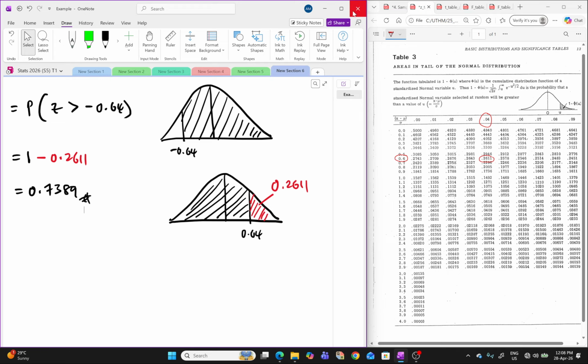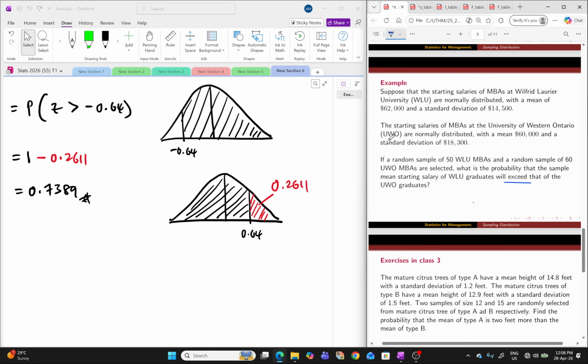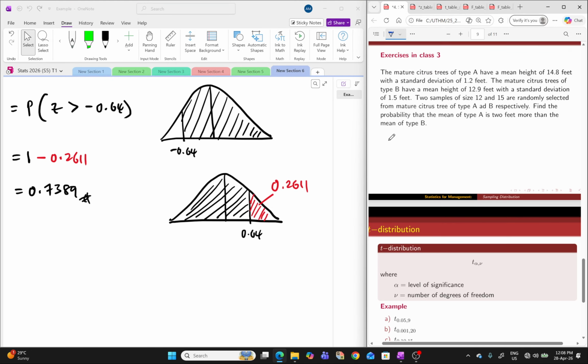Question. Ni dah salin, settle, we are going for the last one. Ya settle.